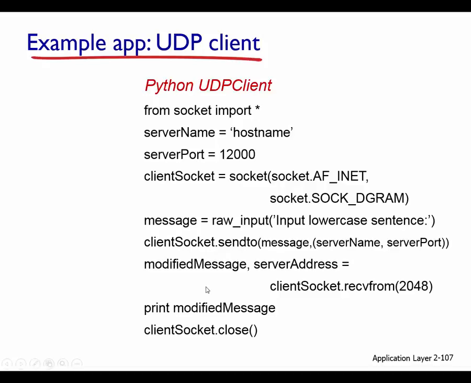Then we use the raw input to get a string. We assign it to the value message, and then in the socket structure, and obviously you should look up the overall socket structure in how it's defined in Python.